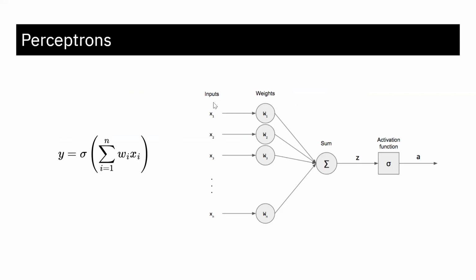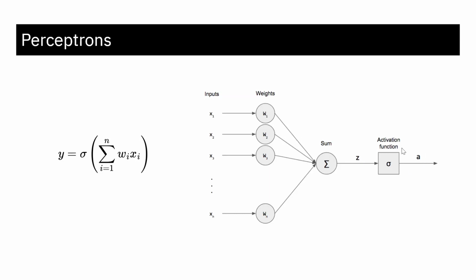What a perceptron does is you have a bunch of input values, x1 through x sub n, and you multiply each of those by a weight value. So you have weight 1 through weight sub n that corresponds to a single input value. Then you sum all of those up and you get a value. We call it z in this case. And then you send it through an activation function and we get a.